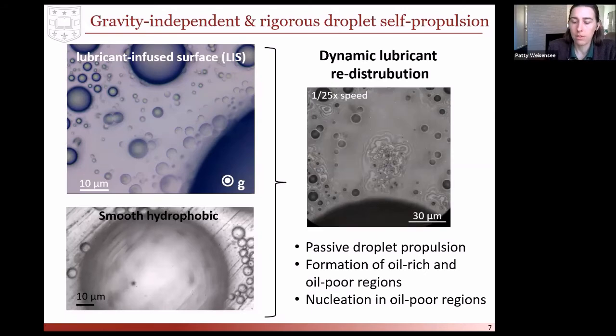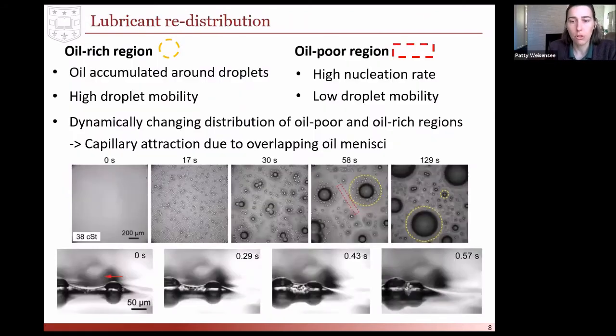So our hypothesis was that we have this redistribution of the oil, and that is what causes this random motion of the droplets. So basically, we have the oil-rich regions around the larger droplets, where we have fairly high droplet mobility, and then we have the oil-poor regions where we have high nucleation rate but lower droplet mobility.